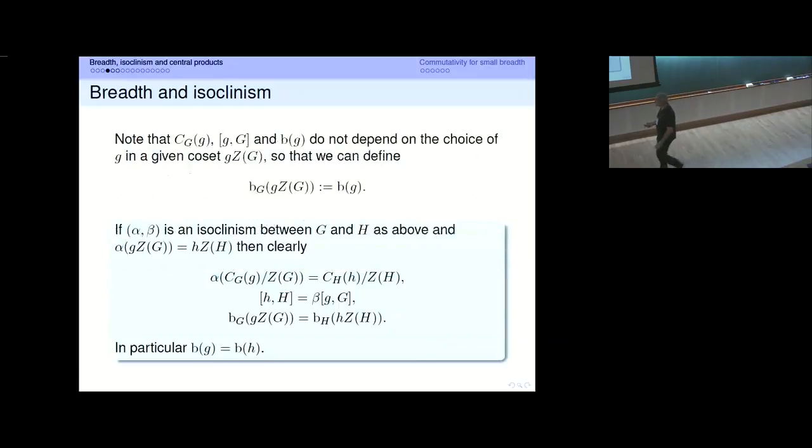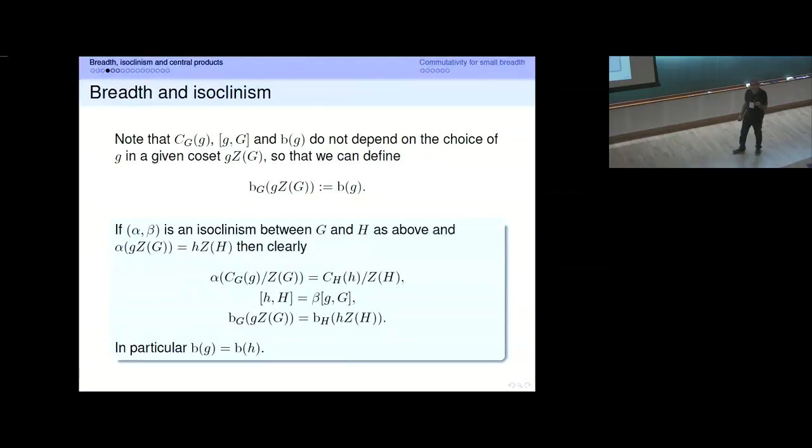Now, if we take an element in a coset of the center of a p-group, and we take another element in the same coset, clearly the centralizer, the set of commutators that this element forms with the other elements of G, and the breadth don't change.